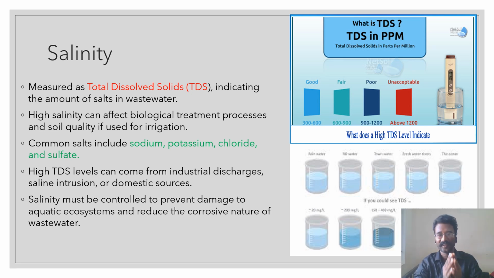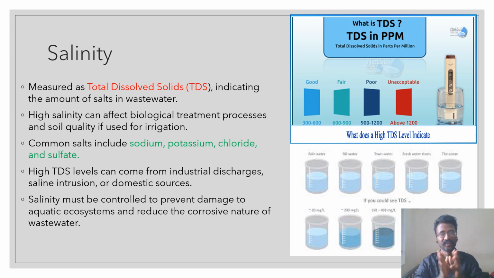High salinity can affect biological treatment processes and also soil quality if this water is used for irrigation purposes. These common salts may include potassium, sodium, chloride, and sulfates. We already saw some of them under sulfates.